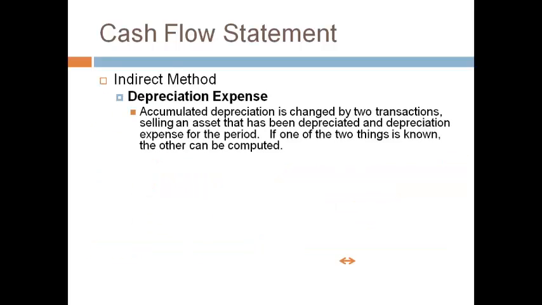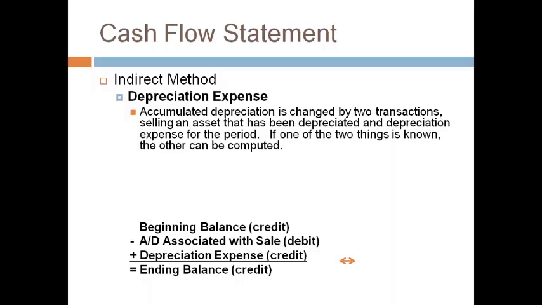There are times when the depreciation expense and the gain or loss is not given. In this case, the amounts must be determined by making journal entries and using T accounts to locate the differences. Depreciation expense and selling an asset are the two transactions that change the accumulated depreciation account.